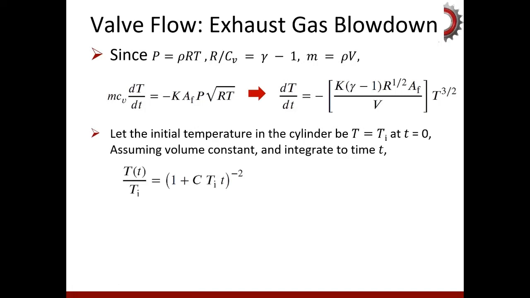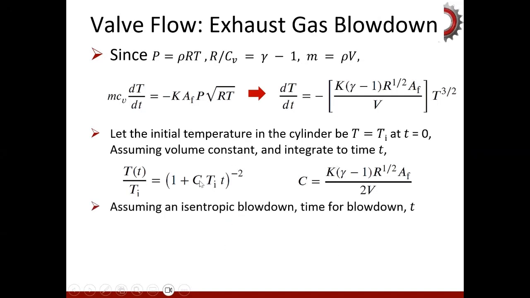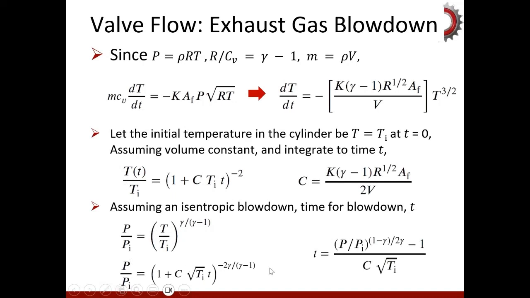So the temperature relationship, this equation, becomes this through integration, where C is this parameter. Then we replace these temperatures with pressure ratios, assuming isentropic flow, and the time for blowdown could be calculated accordingly.